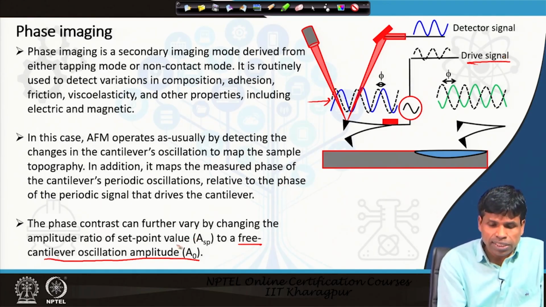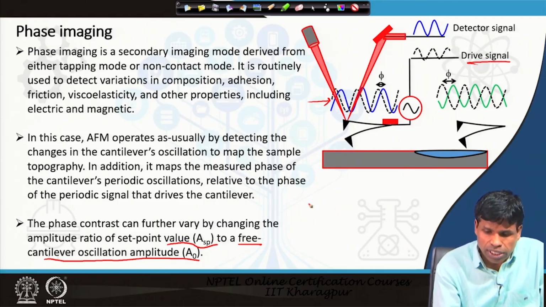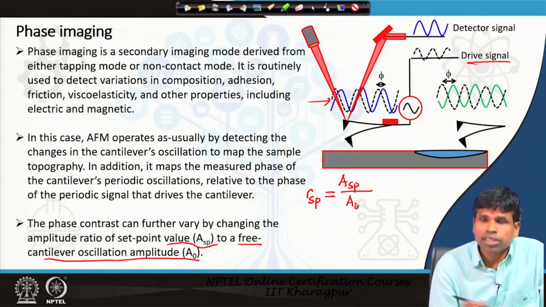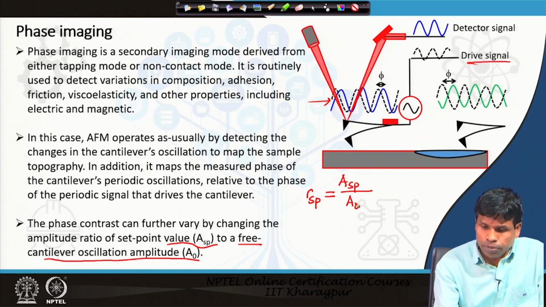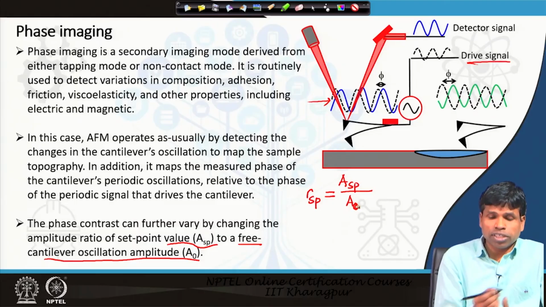That amplitude is called ASP, and that ratio we can vary. That ratio is termed RSP, the ratio of the set point amplitude to the free oscillation amplitude. RSP is equal to ASP, the set point oscillation amplitude, divided by A0, the free cantilever oscillation amplitude. By changing this RSP value, phase contrast can also be changed, as you will see.